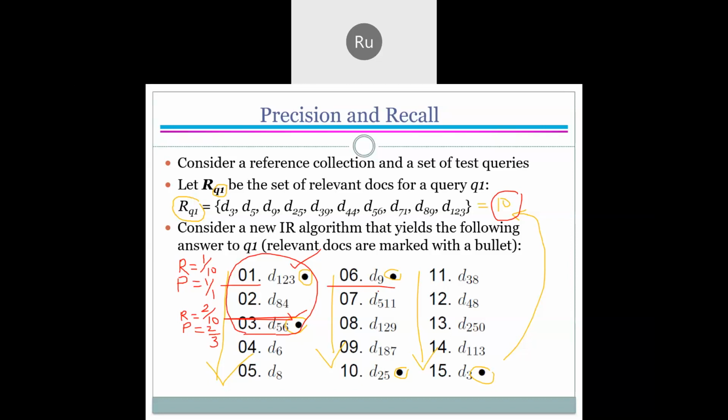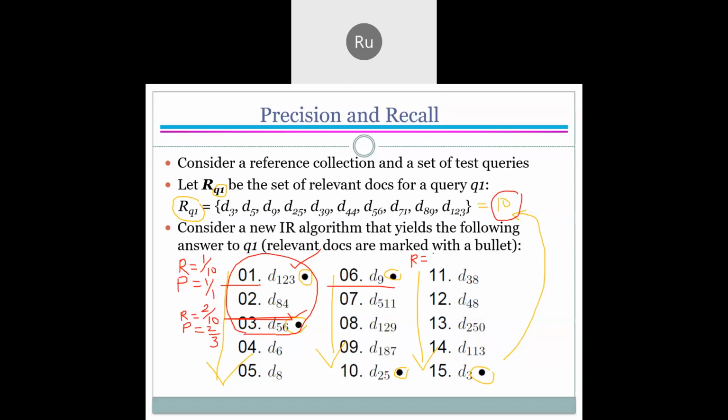Okay, now we are here. What is the recall rate here? Recall rate is 3 over 6?